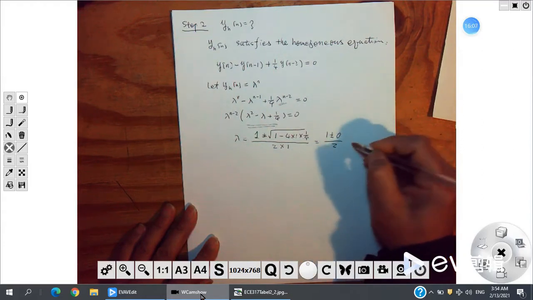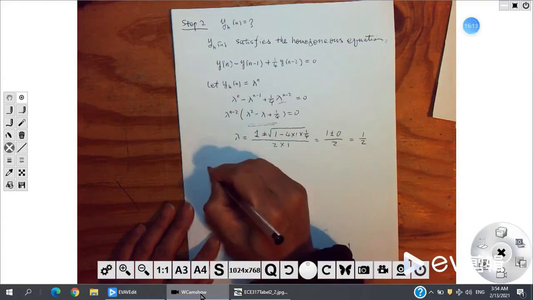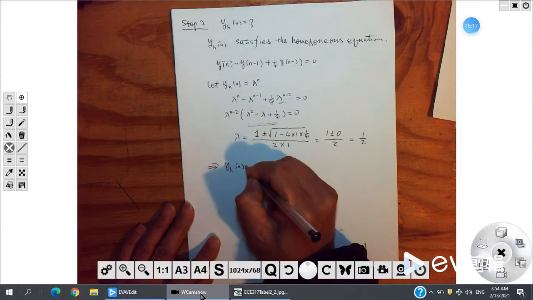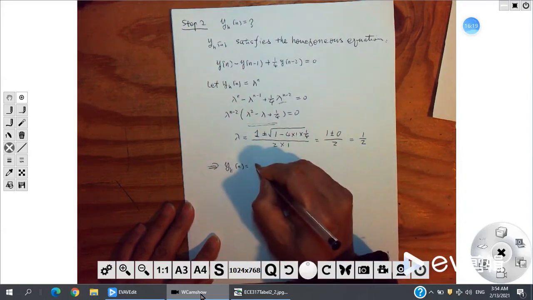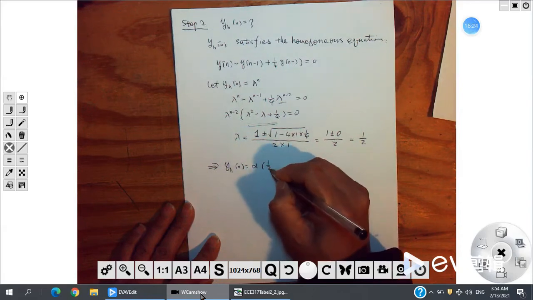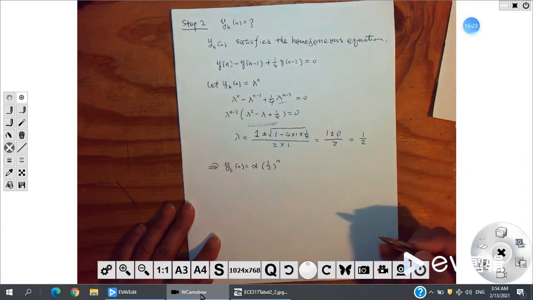You see, this is just 1 over 2. We only have one solution. Then we know the homogeneous solution equals some constant times 1 over 2 to the n.